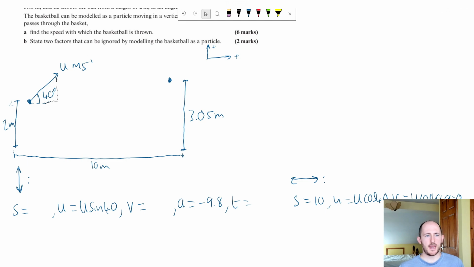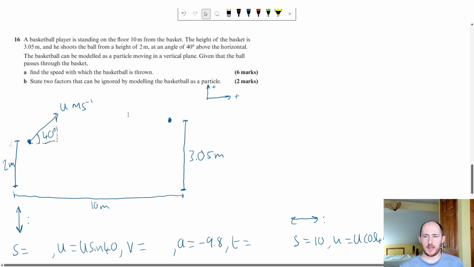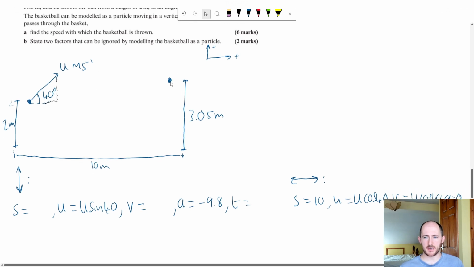So now we need to think, what do we actually care about? Now, in order for it to get into the basket, there's a few different conditions that can be true. The first thing is, what is the overall displacement? So if we look at it vertically, the ball's going to go up and it's going to come back down.